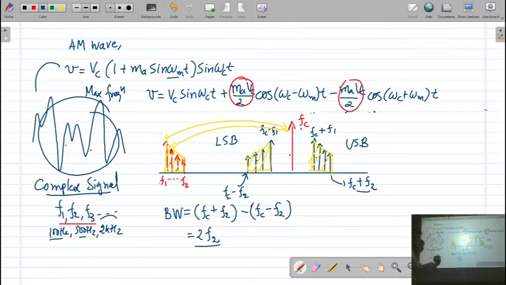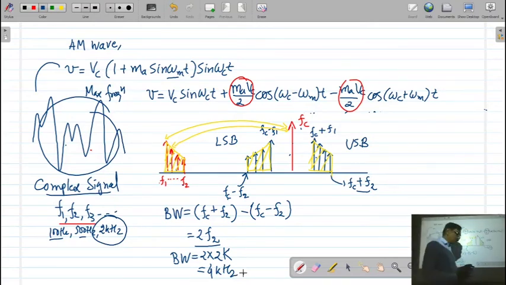What is the maximum frequency? That is 2 kHz. So in that case, the bandwidth will be 2 into 2 kHz, so it will be 4 kHz. Remember. In this way, you can calculate the bandwidth of the modulated wave.